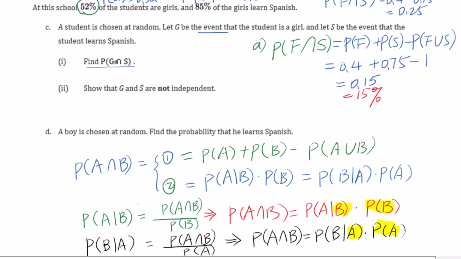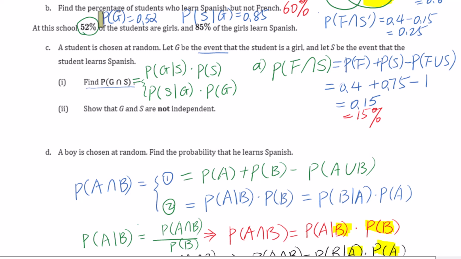So for this probability of G intersection S, we can write down probability of G given S times the probability of S. Or we can write down probability of S given G times the probability of G. From the given information, we know probability of G is 0.52.